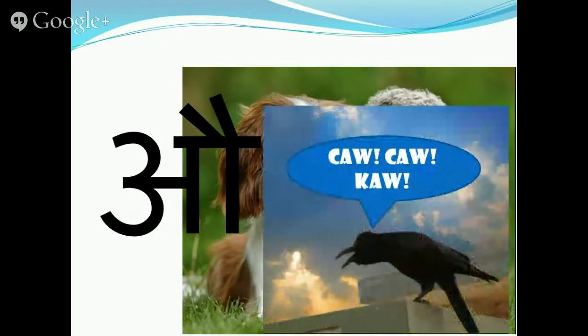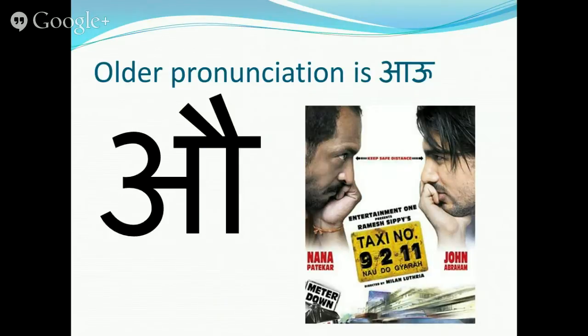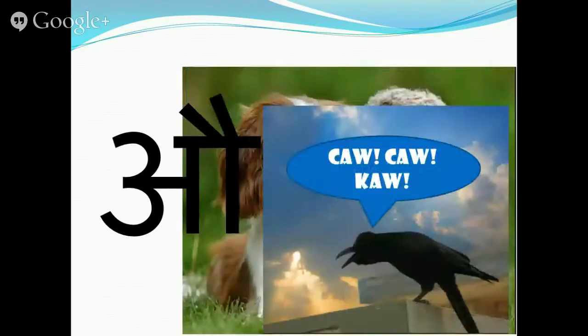It also sounds strangely like the sound that supposedly a crow makes. Caw, caw, caw. All right. So now the older pronunciation, as we said, is ow, which has changed over time so that in modern Hindi, you can say both.